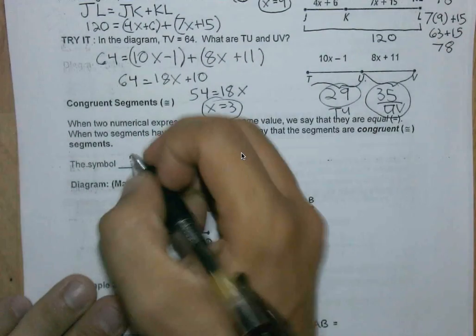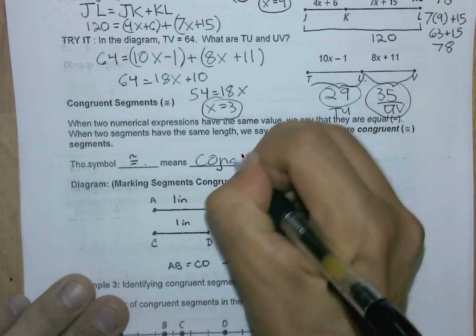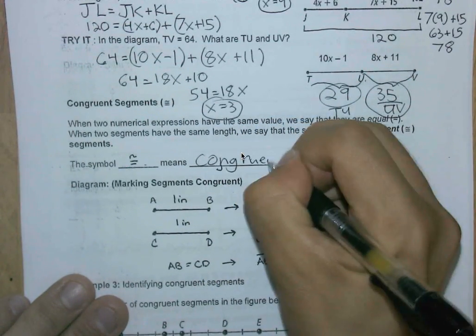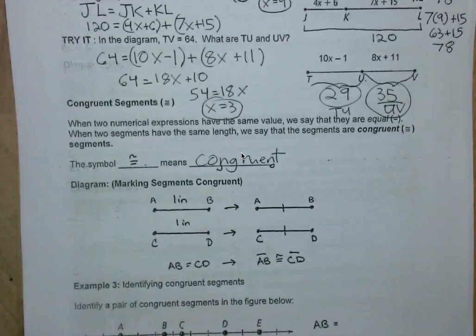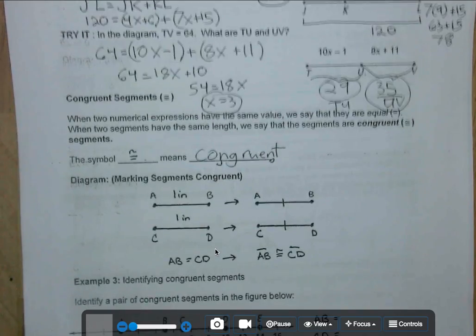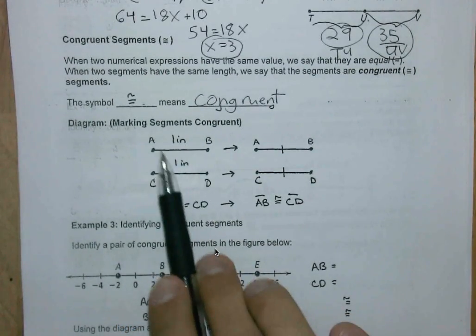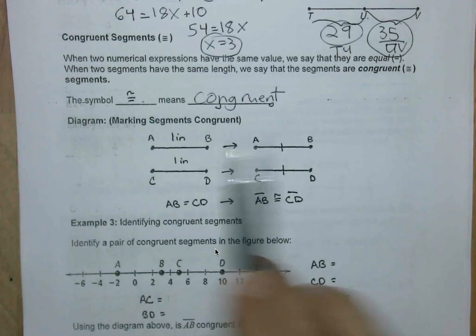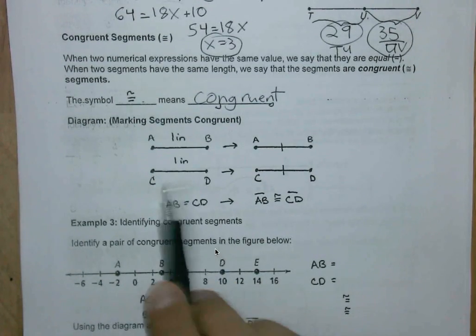So this little squiggly in the equal sign means congruent, meaning that they behave very similar, they look very similar, but they are not quite the same segment. They have the same measurement. So for example here, A to B is 1 inch. Let's assume that this is drawn to scale. C to D is also 1 inch.